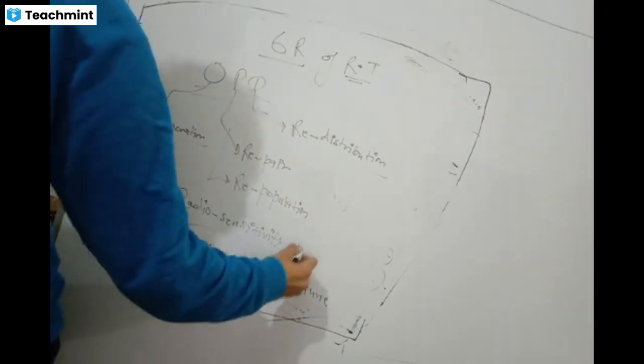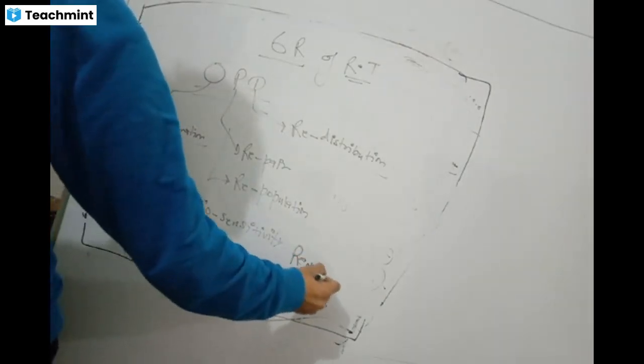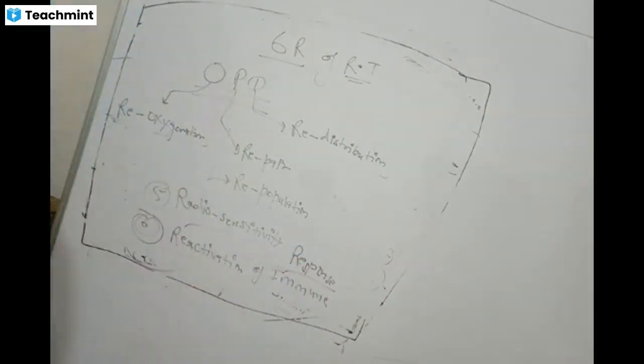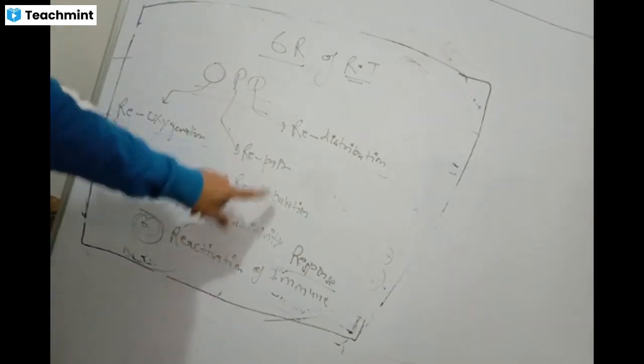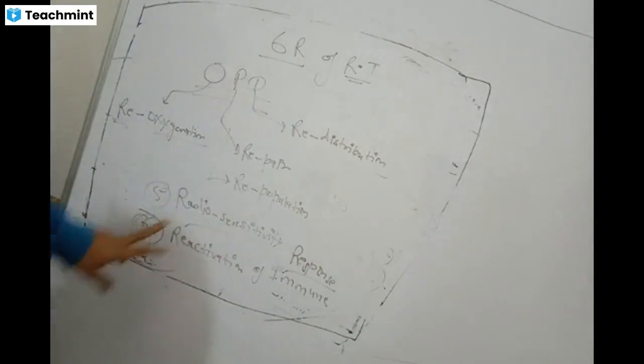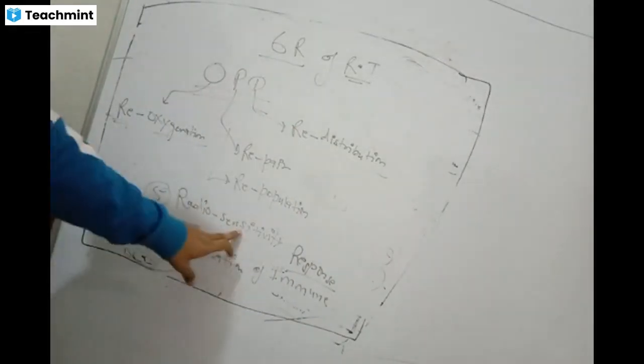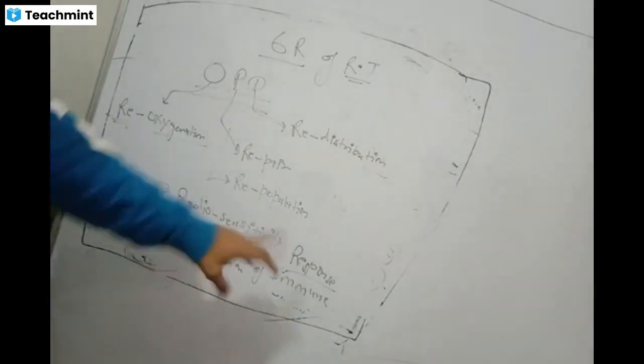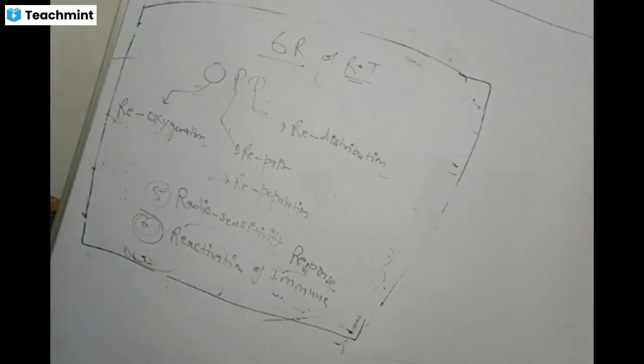Reactivation of immune response. So these are the 6 Rs of radiotherapy: reoxygenation, repair, repopulation, redistribution. Number fifth is radiosensitivity, and the latest one is reactivation of the immune response.